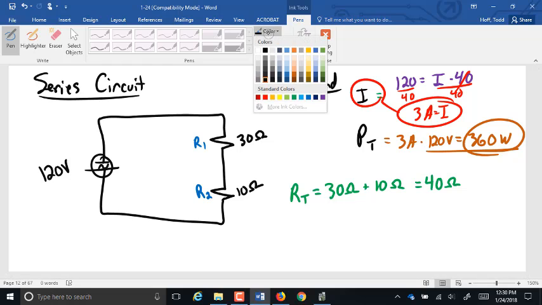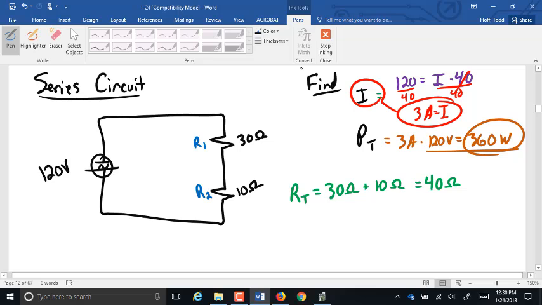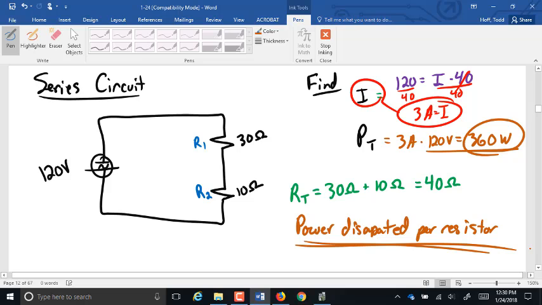Now, to get the power dissipated in each resistor, I probably butchered the spelling there, but basically the power that's used up in each resistor. It's the same formula. Power is current times voltage.